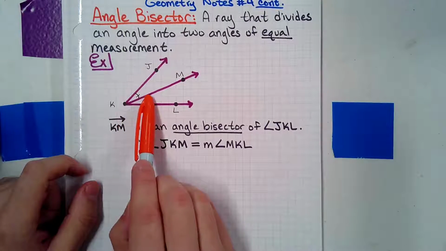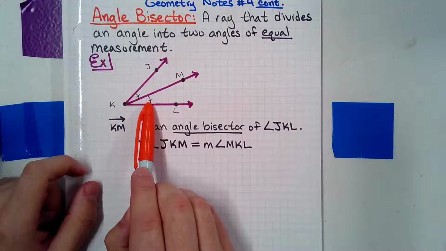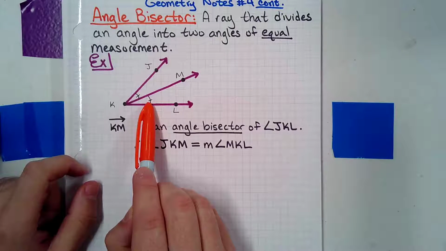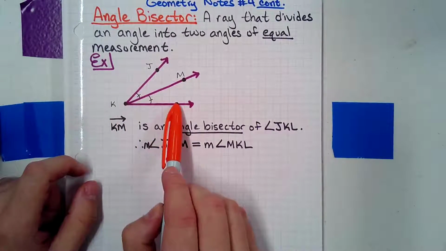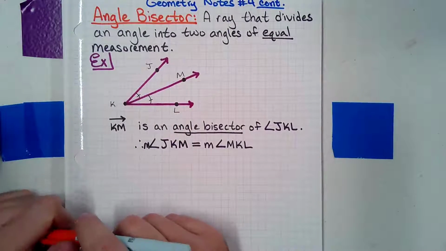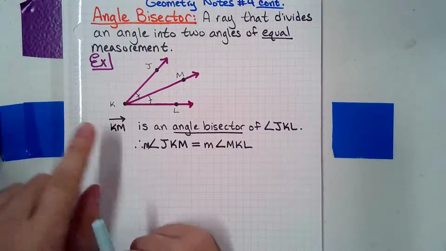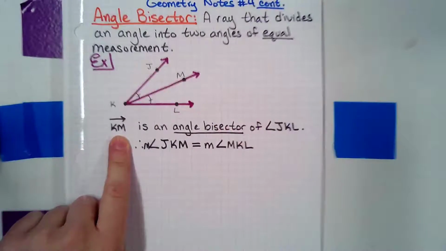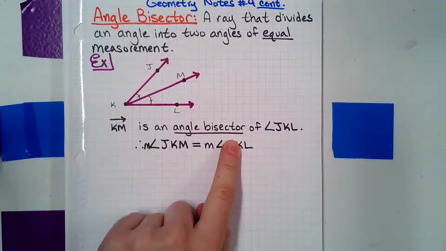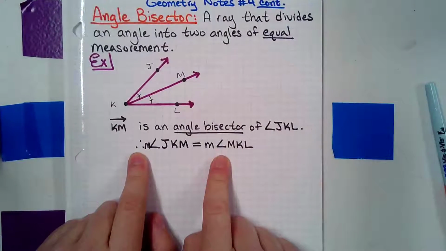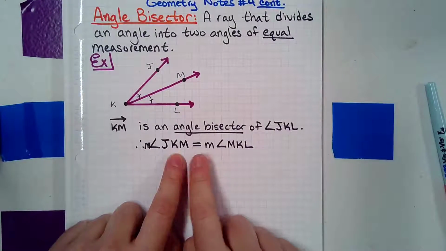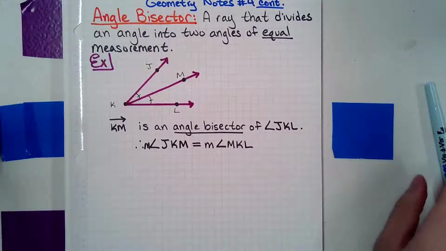Because I have an angle measure here and an angle measure there, and they both have a tick mark, which means they are congruent, which means they have the same angle measure. So JKM and MKL are angles that have the same measure, because it's an angle bisector. So again, ray KM is an angle bisector of angle JKL. Which means, therefore, my favorite symbol, the measure of angle JKM is equal to the measure of angle MKL.